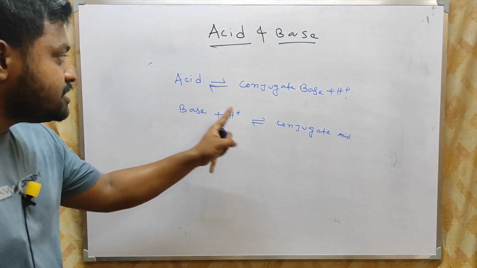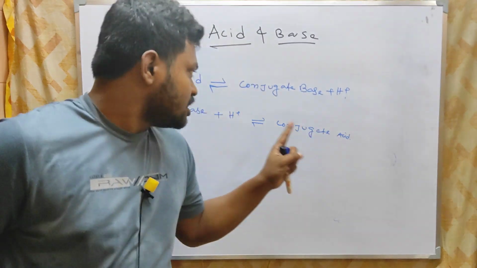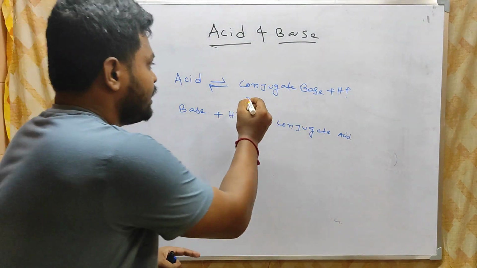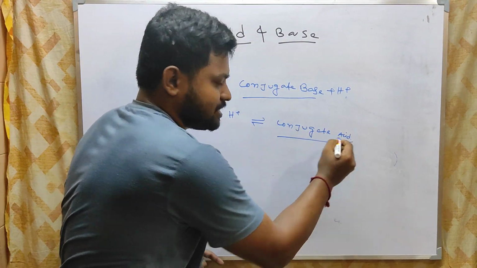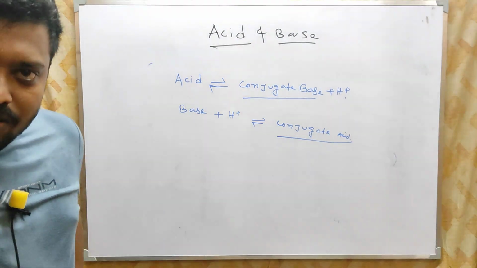So this is the one-liner definition of conjugate base and conjugate acid.